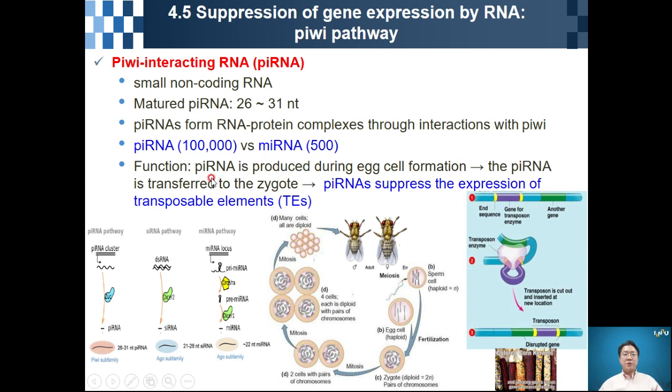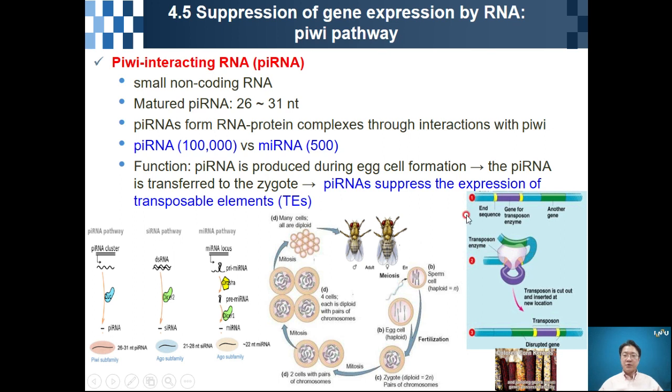The main function: piRNA is usually produced during egg cell formation, not sperm cell formation. After fertilization, the piRNA is transferred to the zygote, and the main function of piRNA is to suppress the expression of transposable elements.